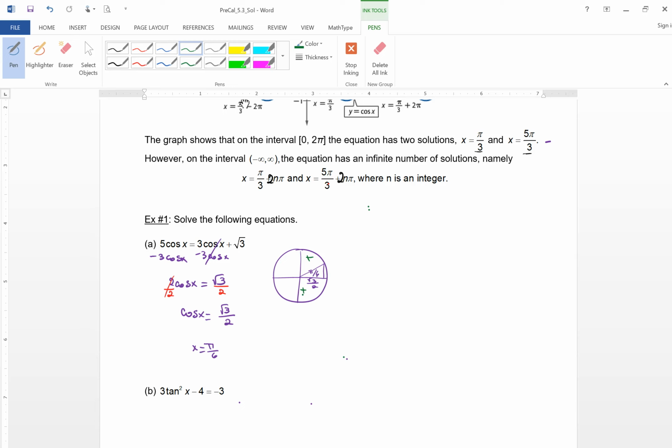It's pi over 6, 5 pi over 6, 7 pi over 6, and then 11 pi over 6. So in this quadrant, it's 11 pi over 6.